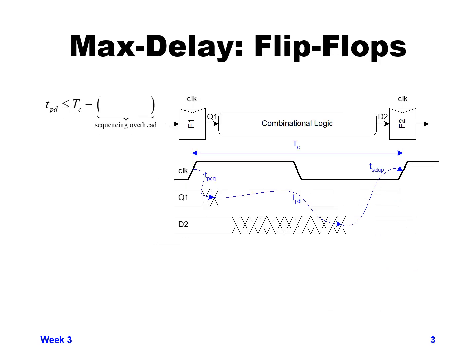So let's go through an example of how these different delays can affect the amount of time we have available for doing our logic. So here we have an example of two flip-flops with combinational logic in between.